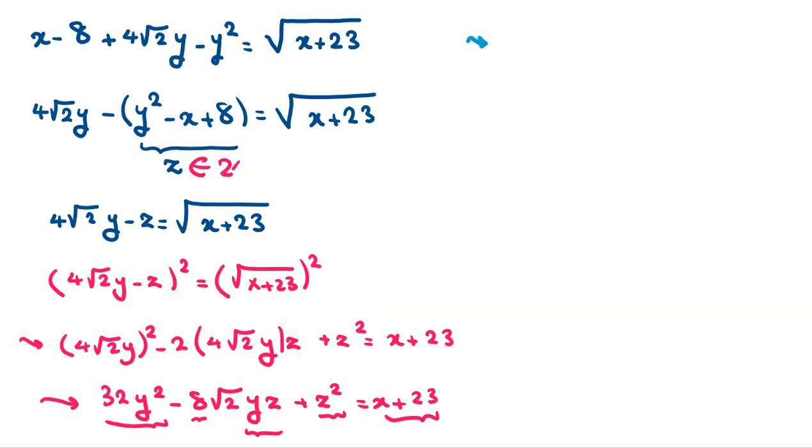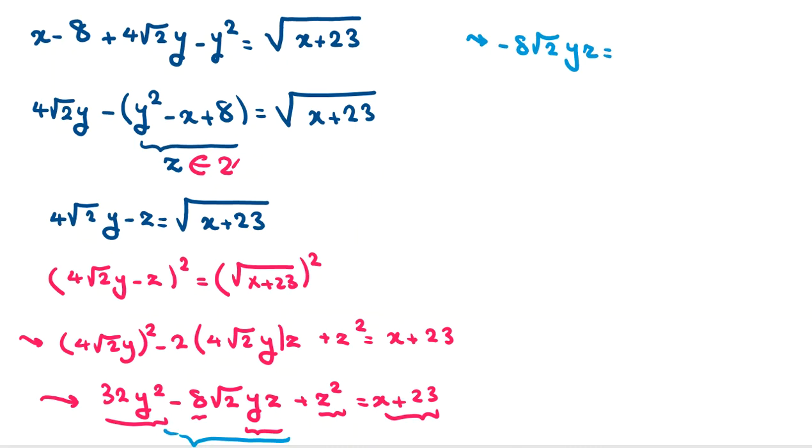So let me rewrite it here on this page. I take negative 8 root 2 y z here, and take all things except this to the right hand side. So it will be x plus 23 minus 32 y squared minus z squared.